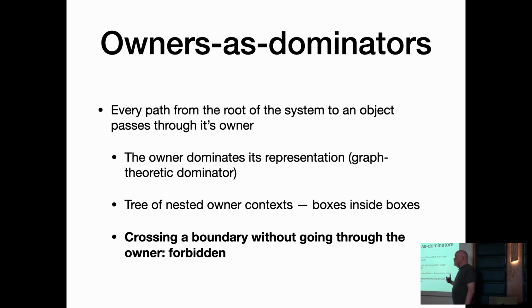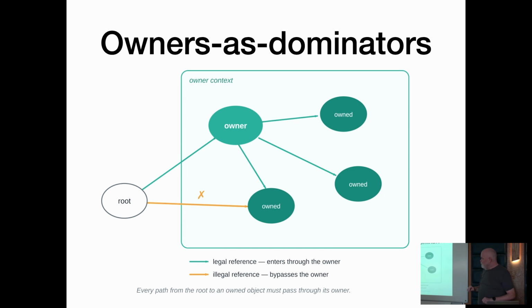And so the ownership, if you look at it as the most pure model, is that in graph terms, we have an owner that dominates the objects that it owns. Domination means that every path from the root of the graph that would go to an internal object needs to go via the owner. So that's the graph theoretic explanation. I even have a picture for that.